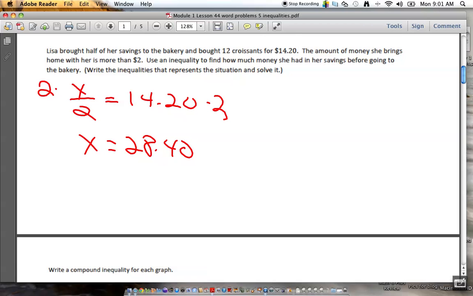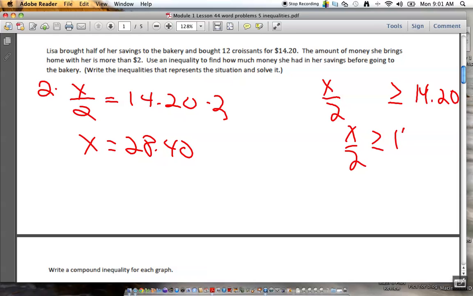Yes, what Ivy is saying is that since it's 14.20 here, she has more than $2 to bring home with her.